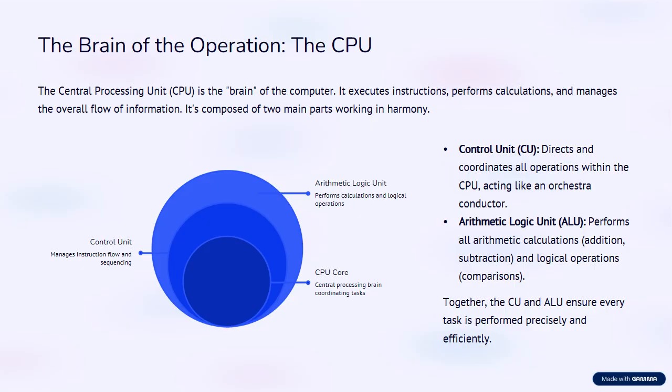The arithmetic logic unit performs all the calculations and logic operations. This includes additions, subtractions, multiplications, divisions, and comparisons. The CPU also contains registers, which are very fast memory units. Registers temporarily store data and instructions during processing. For example, if we type a mathematical calculation, the CPU processes it step by step and produces the result.